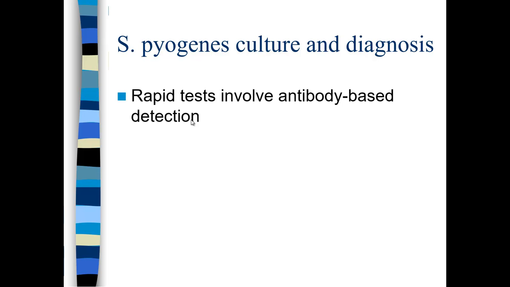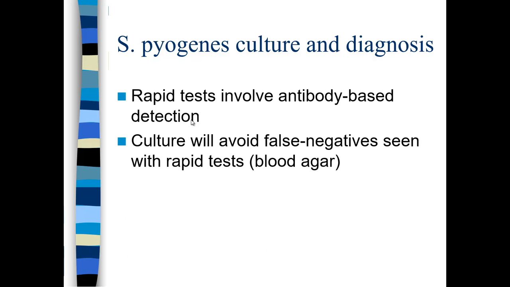If you've ever had strep throat, you probably did a rapid test. This can give you false negatives depending on what your load is of bacteria, and so they will always culture these. They culture with blood agar, usually sheep's blood agar, and they look for characteristic beta hemolysis.